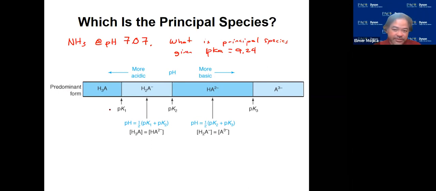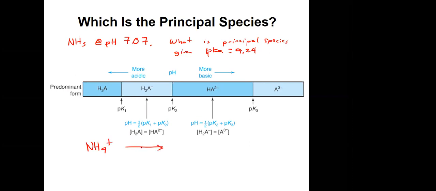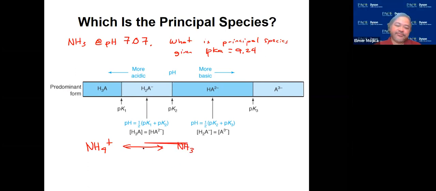So what's the system that you have? Anyone? NH4 plus, NH3, and the pKa is 9.24. So what is the principal species given pKa equals 9.24?